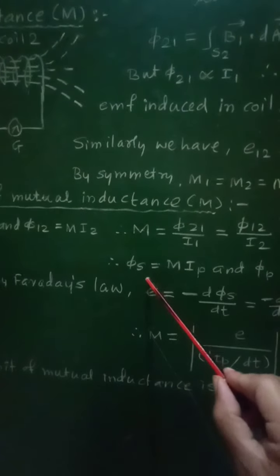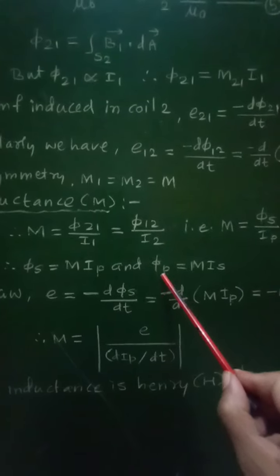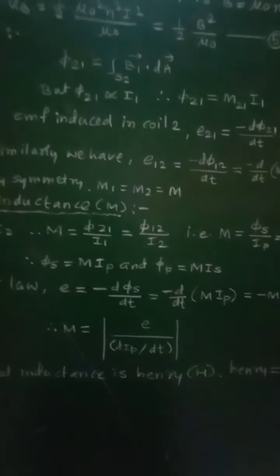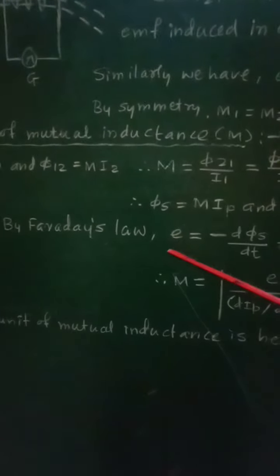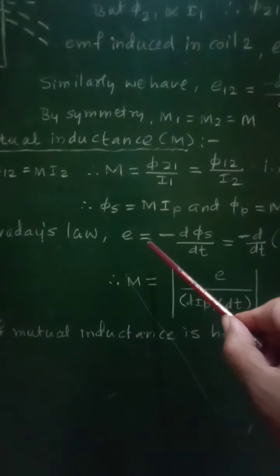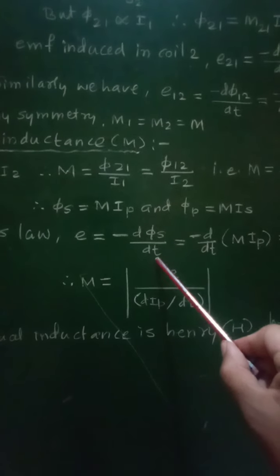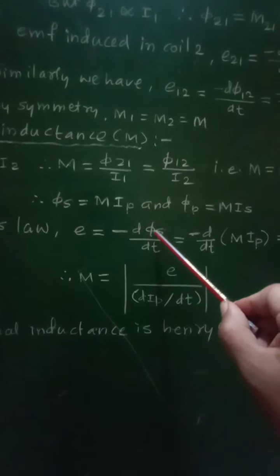From this relation we can write phi s equal to M Ip and phi p equal to M Is. Now by using Faraday's law we can write the expression for the magnitude of induced EMF, E equal to minus d phi s by dt, for the magnetic flux linked with the secondary coil only.